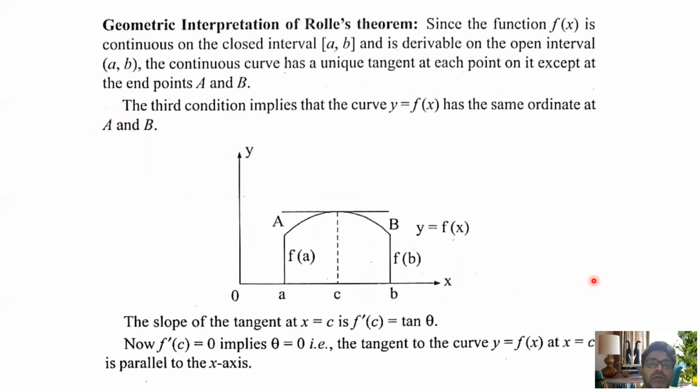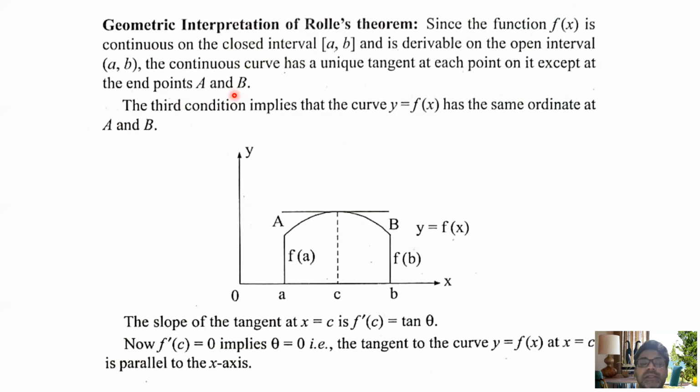Geometrical interpretation of Rolle's theorem. This is also very, very important. Since the function f(x) is continuous on the closed interval [a, b] and is derivable on the open interval (a, b), the continuous curve has a unique tangent at each point on it, except at the end points A and B. From the figure it is clear.